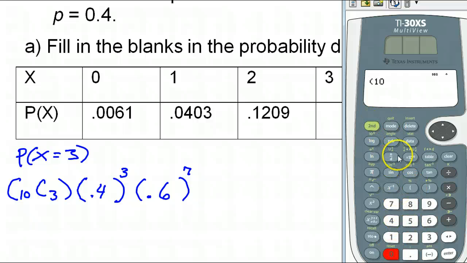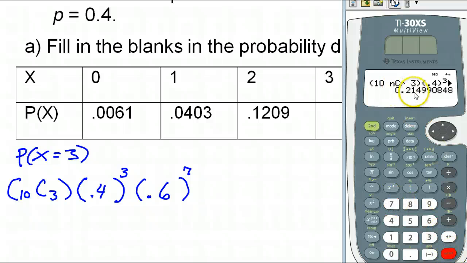If you put that in your calculator, it will look like this. We're doing 10 choose 3, times 0.4 to the third power, times 0.6 to the 7th power.